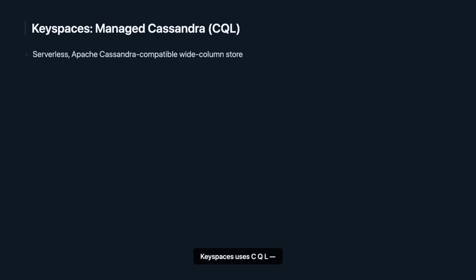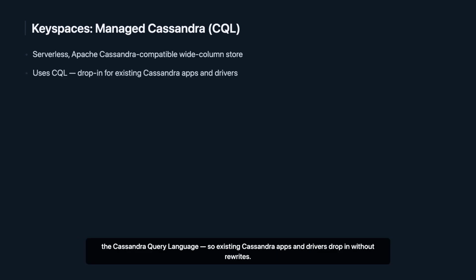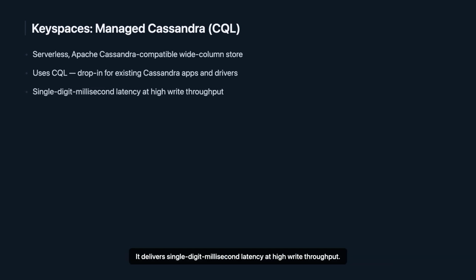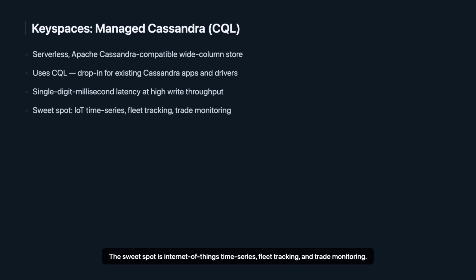Keyspaces uses CQL, the Cassandra Query Language, so existing Cassandra apps and drivers drop in without rewrites. It delivers single-digit millisecond latency at high write throughput. The sweet spot is Internet of Things time series, fleet tracking, and trade monitoring.